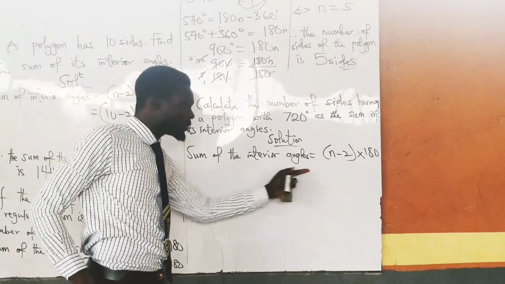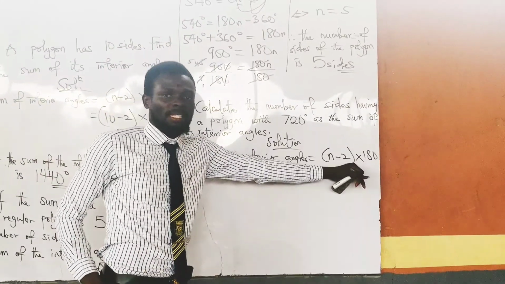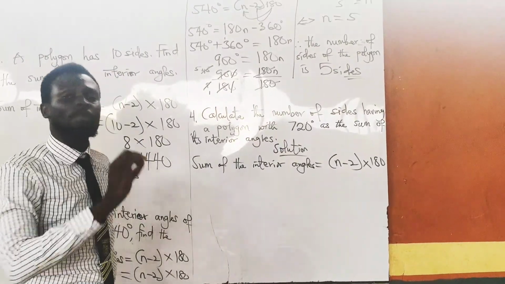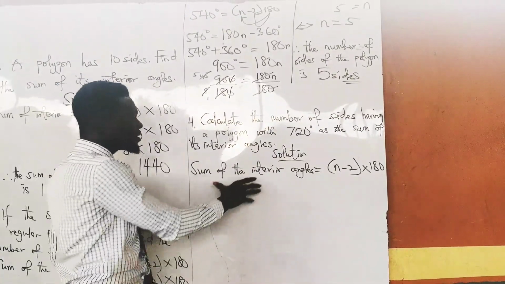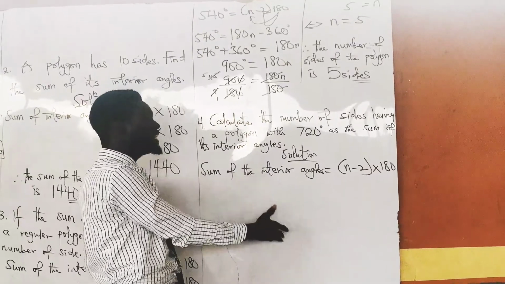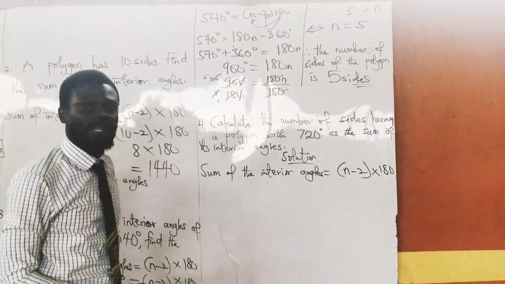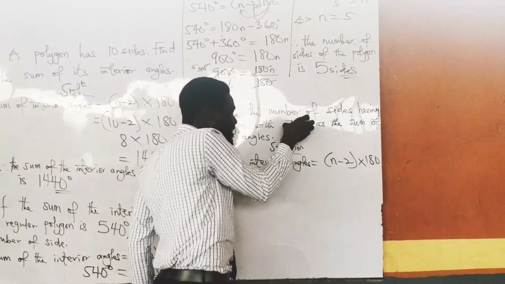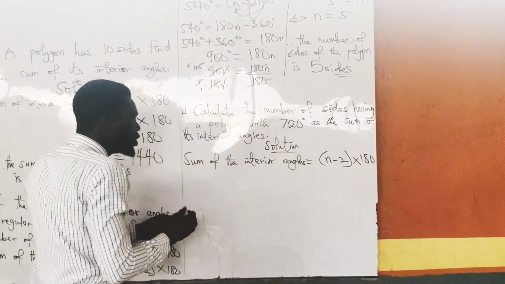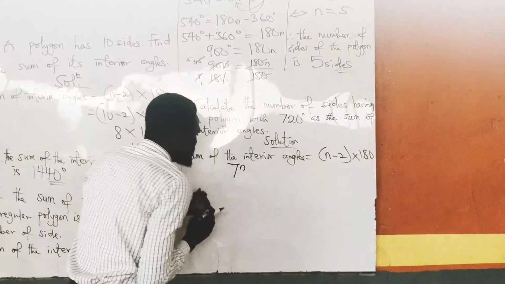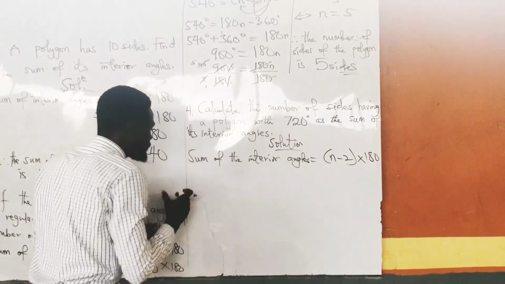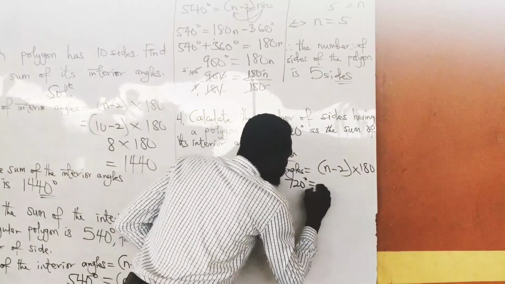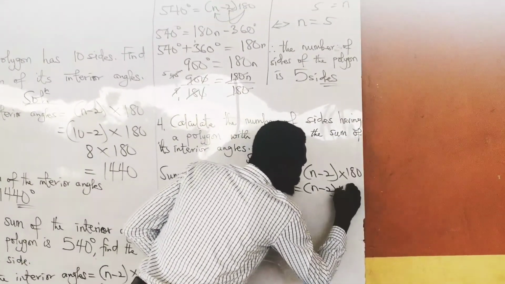So this is the formula for finding the sum of the interior angles. And the question has also made it clear that the sum of the interior angles is the same as 720. So this formula is the same as this. So just equate 720 degrees to n minus 2 times 180.